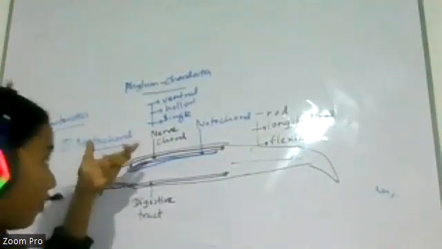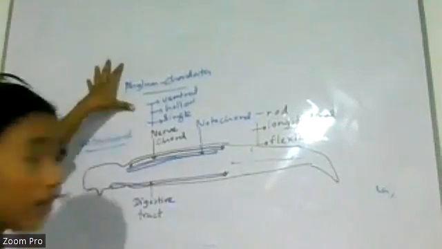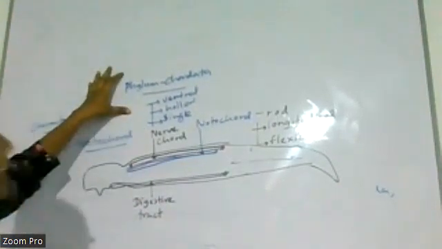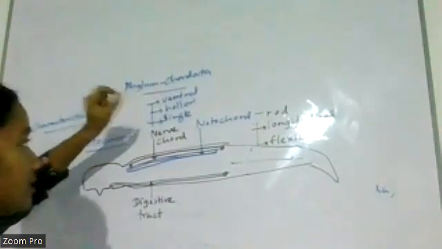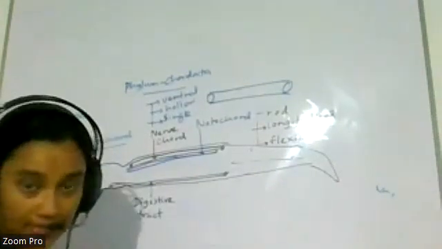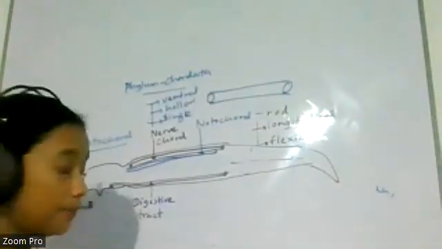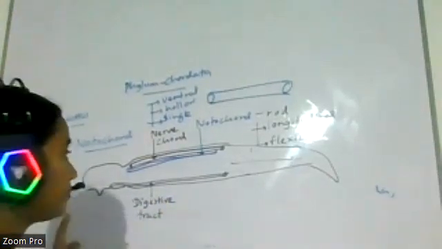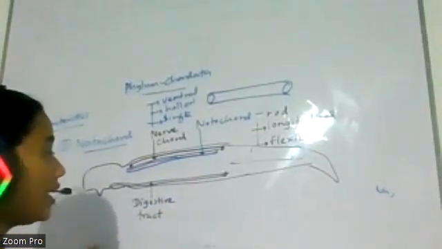What about the nature of the nerve cord in the chordates? It is a dorsal one and it is a hollow one, and it is single, not a complex of fibers. It is just a single structure.